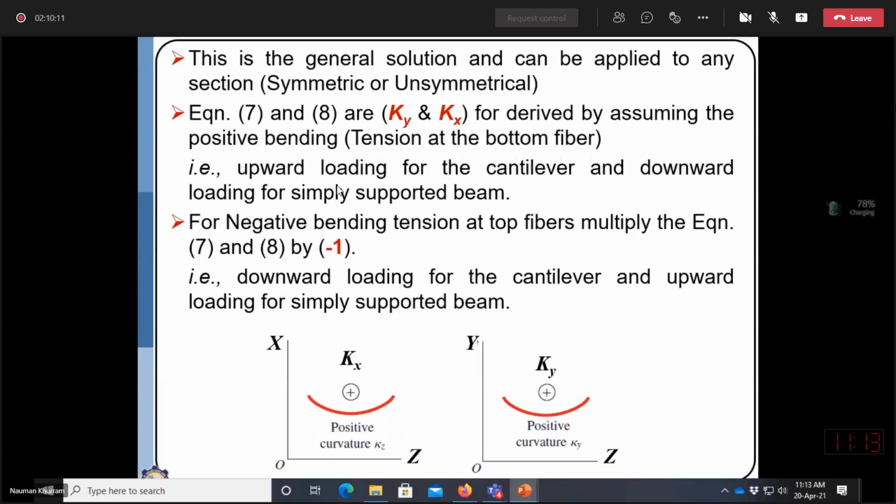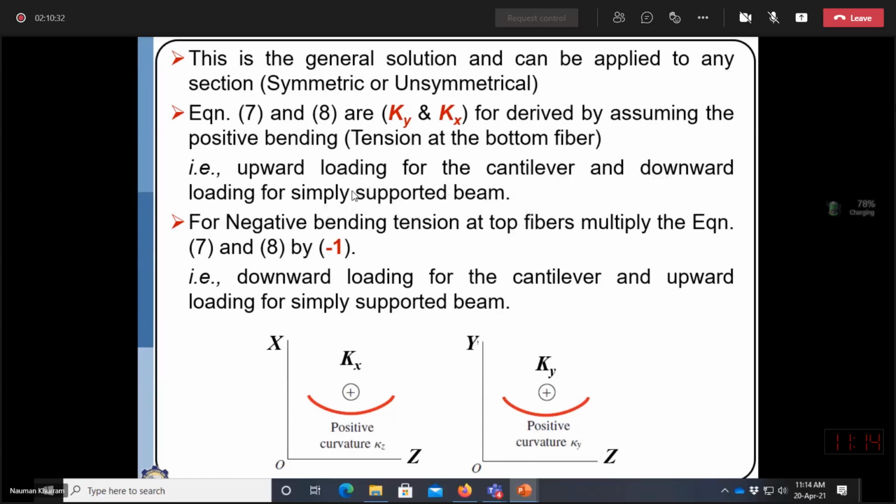So when tension is produced at the bottom fiber, in the case of a cantilever beam, if the load is acting upward, then tension will be at the bottom. And in the case of a simply supported beam, if the load is acting in the gravity direction, then the tension will be at the bottom surface.